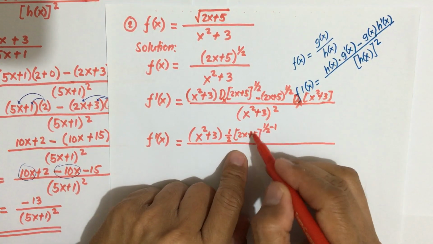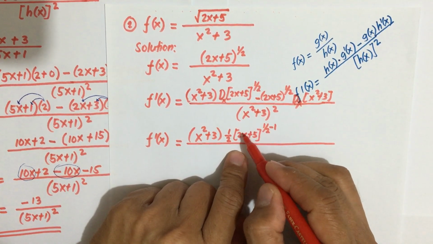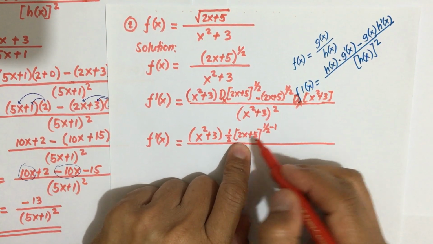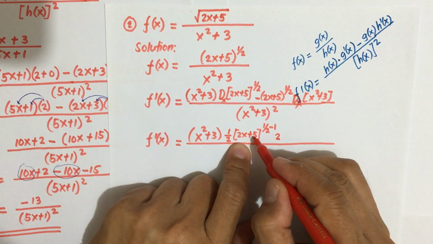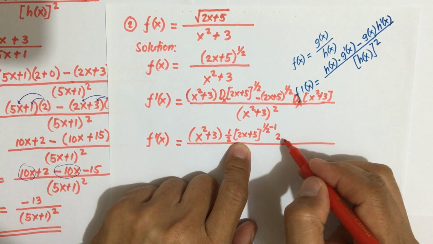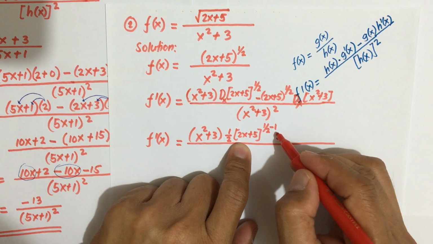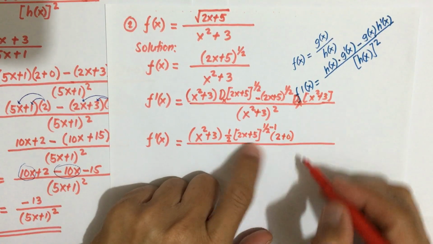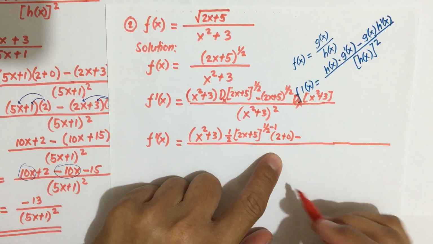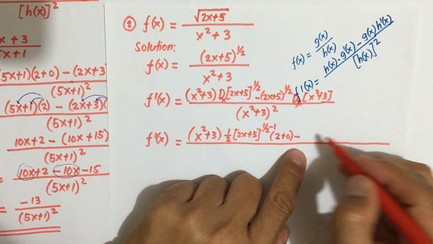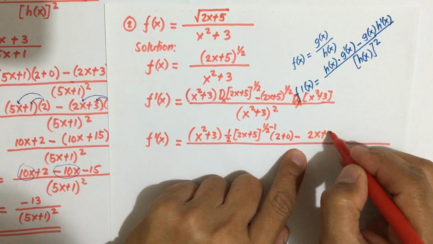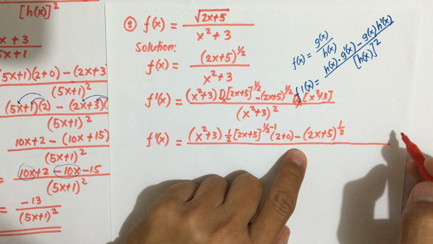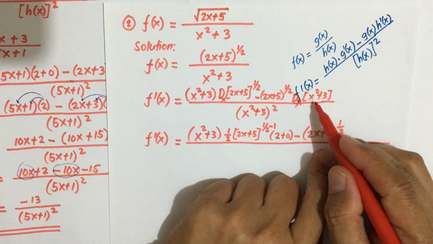So what is the derivative of this? This is our u. So it means we have to take the derivative of this. We are going to apply the sum rule and the constant rule. So derivative of 2x is 2, right? Derivative of 5 is 0. So 2 plus 0. Okay? Then minus. So just copy this. So we have 2x plus 5 raised to a power 1/2. Then times the derivative of this.